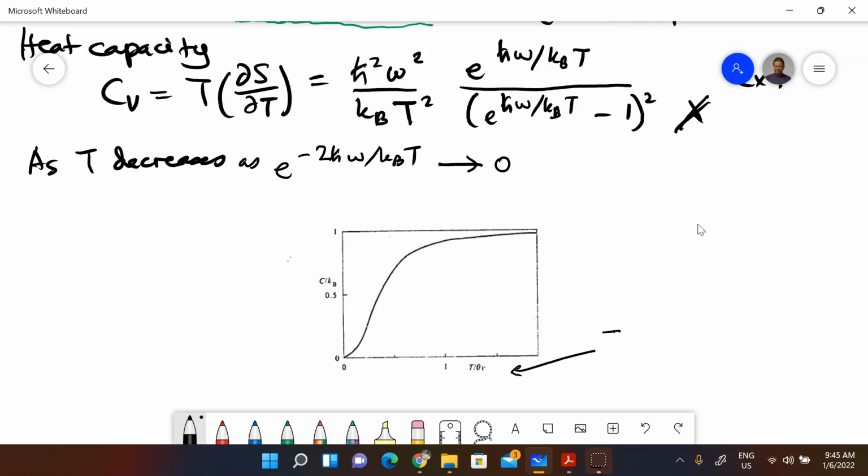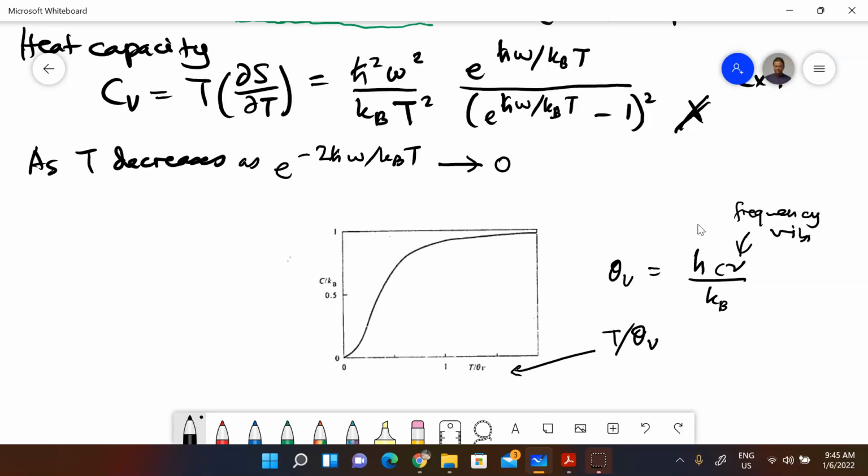This is T over theta v, where theta v is defined as hcν over k_B, where ν is the frequency of your vibration.